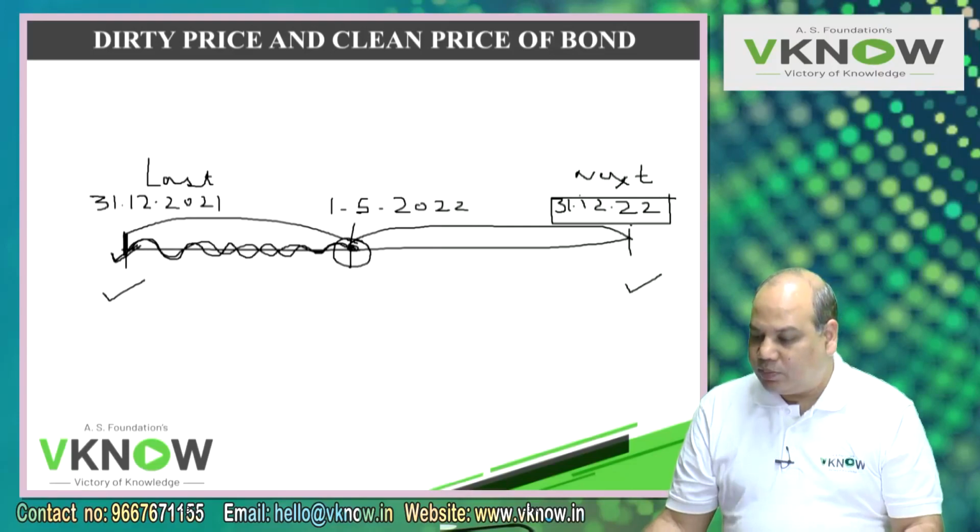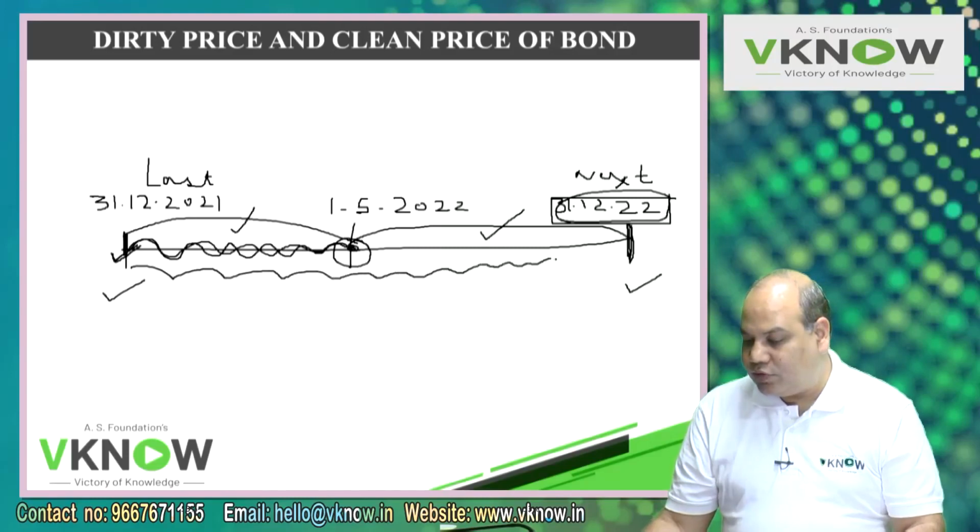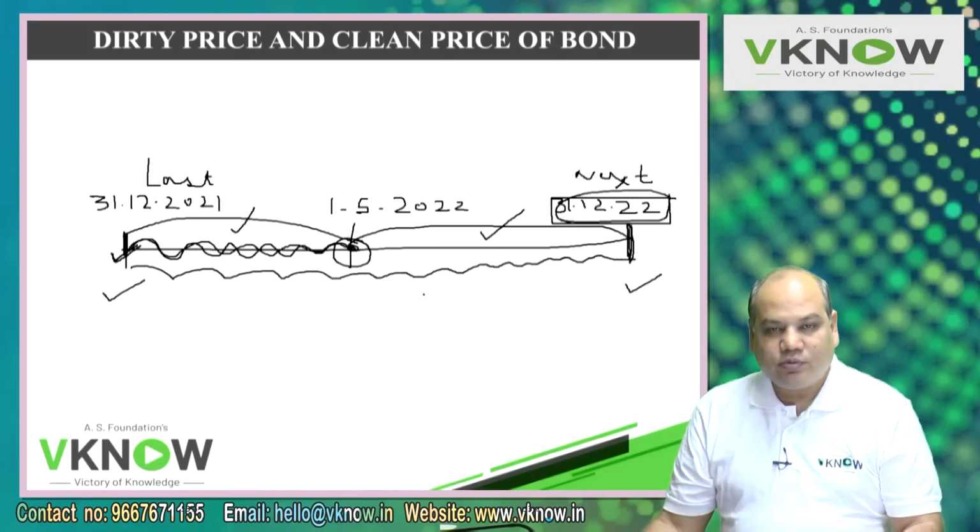So the company will pay interest to that party whose name appears in the register of bondholders on 31st December 2022. The company is not going to pay 4 months interest to the previous owner and 8 months interest to the new owner. In a year, suppose this bond changes hands 24 times.